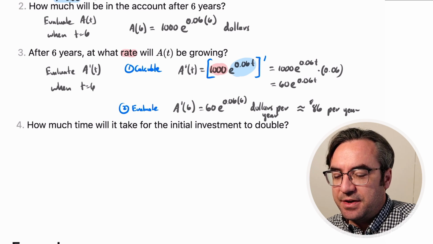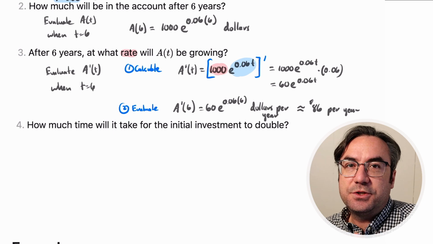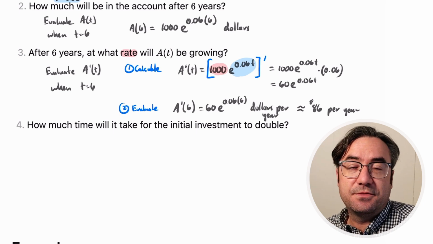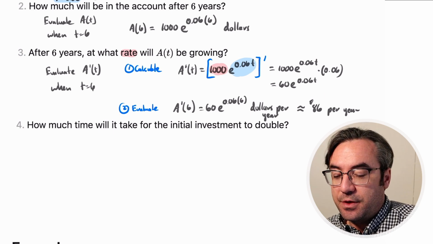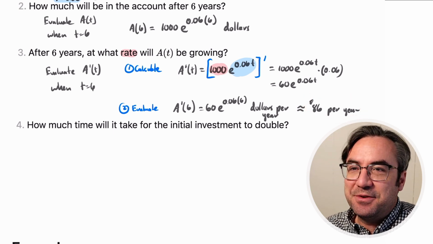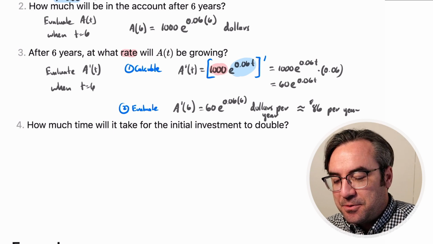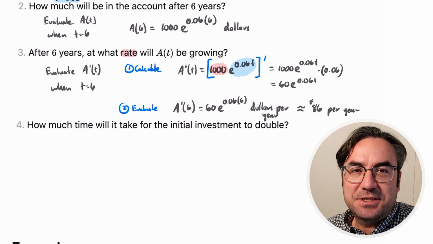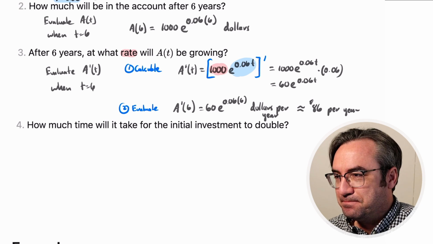So this gives us an idea of what to expect over the course of the next year. As year 7 progresses, we'll see approximately $86 more.